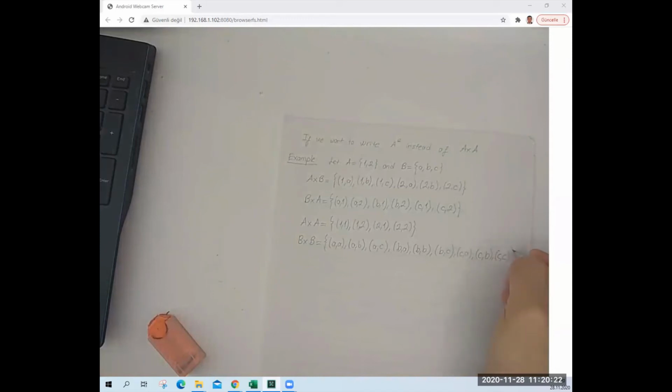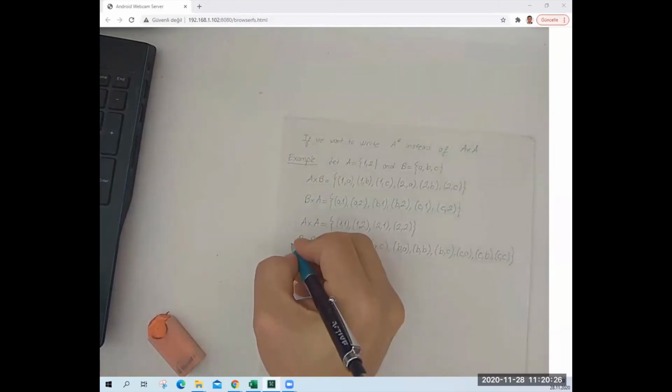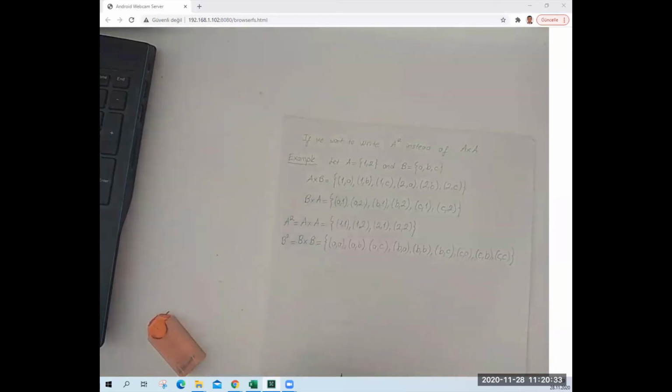So this is B squared, and that one is also A squared.